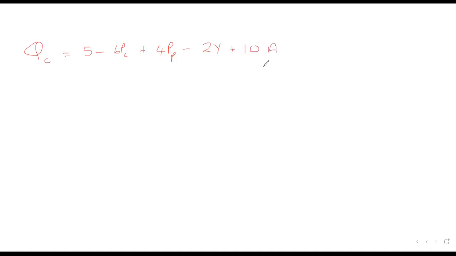Maybe advertising was 2 kwacha, income was 10 kwacha, the price of Pepsi was 5 kwacha, and the price of Coca-Cola was 4 kwacha. So we're being asked to calculate and comment on each of these elasticities.